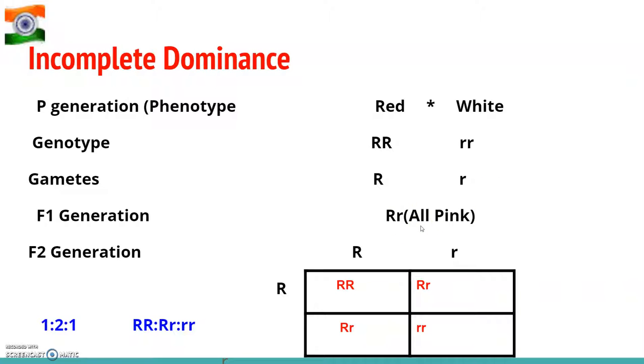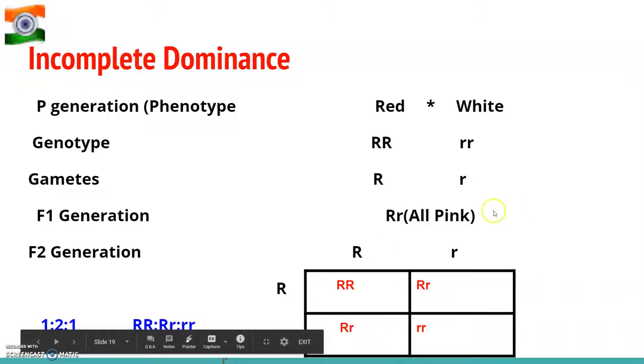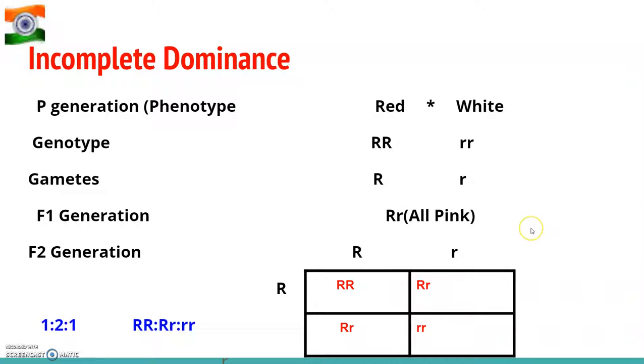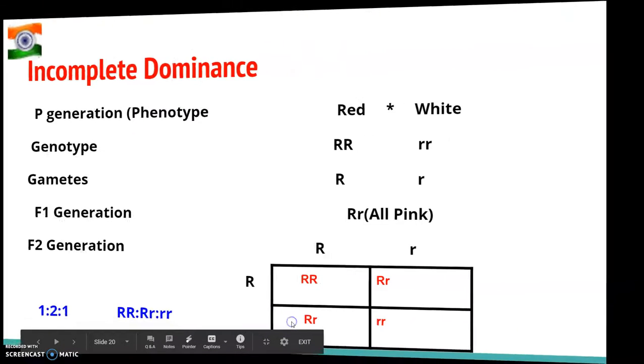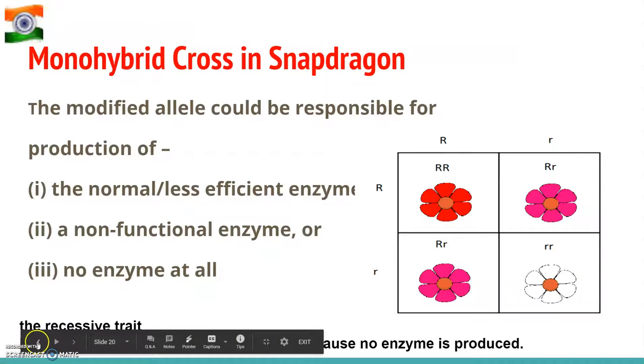Then for studying the second generation, he crossed all the pink flowers produced in the F1 with the same pink flowers. So when he self-pollinated, this is the combination that he produced. Now this is the Punnett square. Here we write the gametes of one parent on one side, and the gamete small r is missing, so we can write small r also.